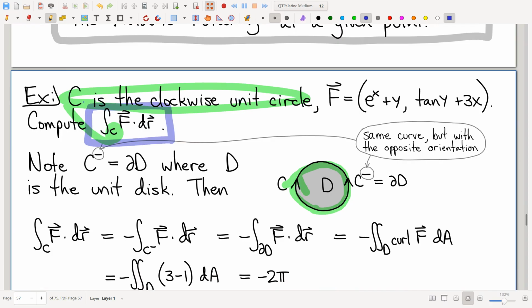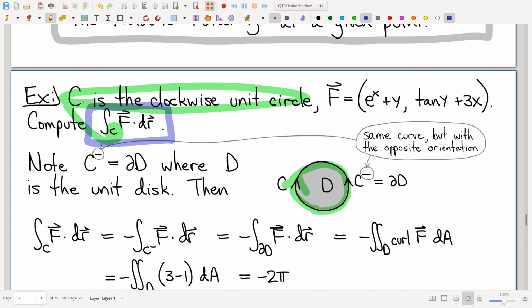Close, but not quite. It's going the wrong way. We have these important rules about boundary orientations. The boundary of the region D has to go the other way. This green curve, C, does not go the correct direction. The region's not on my left. The region's on my right. Everybody see the problem?